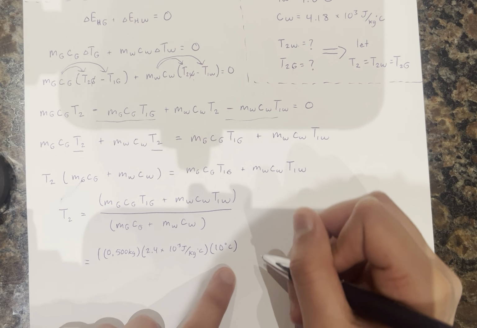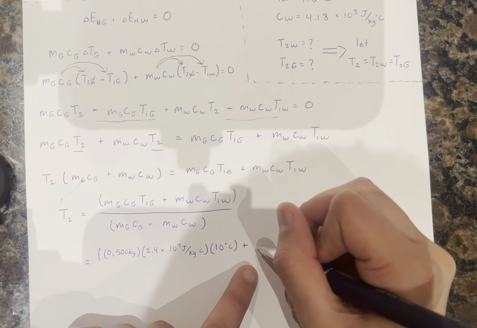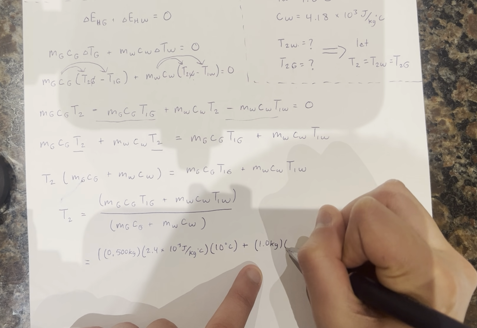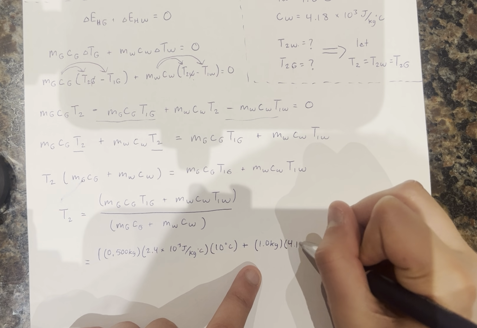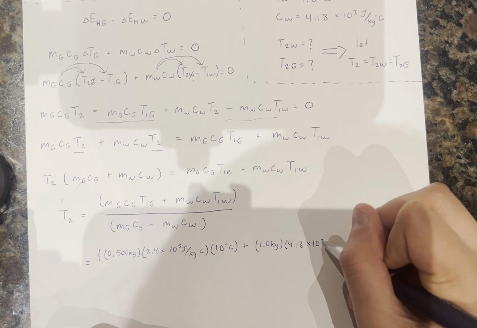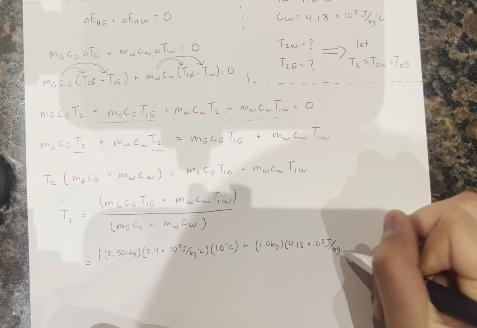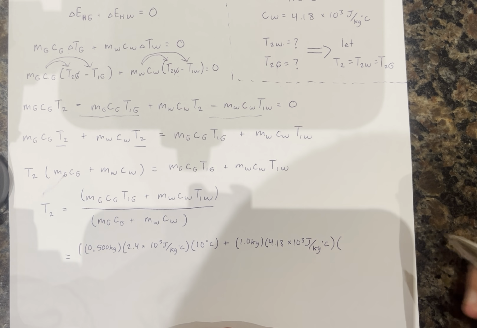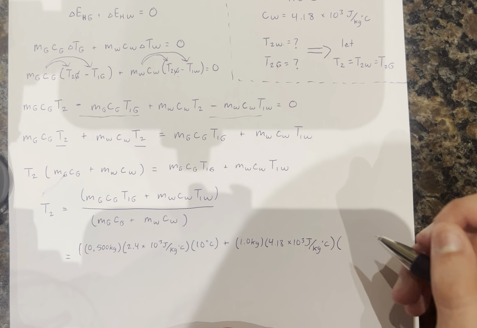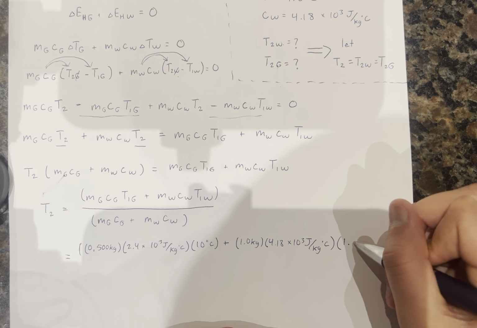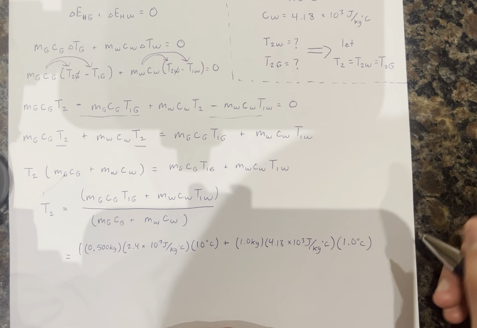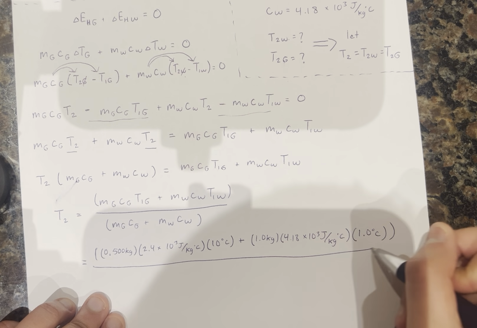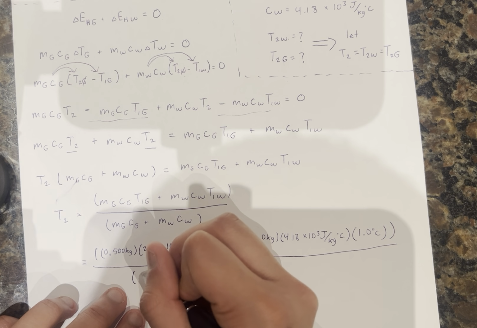So it's going to be this plus the mass of the water, 1.0 kilograms, times the heat capacity of water, 4.18 times 10 to the 3 joules per kilogram degrees Celsius, and then times the initial temperature of the water, which is 1.0 degrees Celsius.